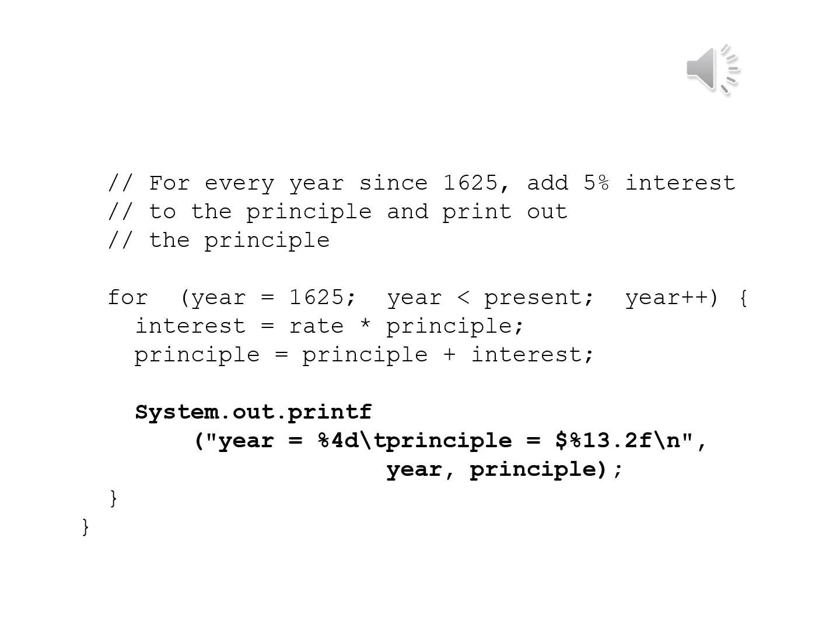I will allow at least 13 spaces, exactly 2 decimal places for the dollar amount. I now need a \n, so I get a new line afterwards. Printf will not do it on its own. At the end of the line, you'll see a comma, and then the 2 values that are going to be inserted, year and principal.